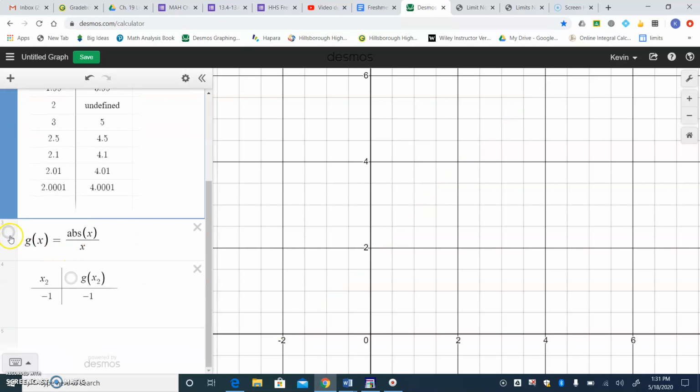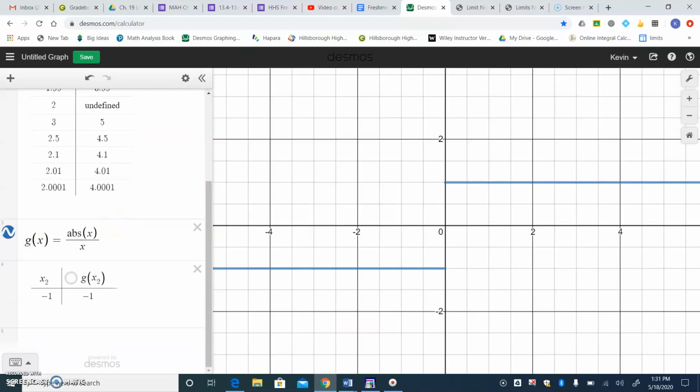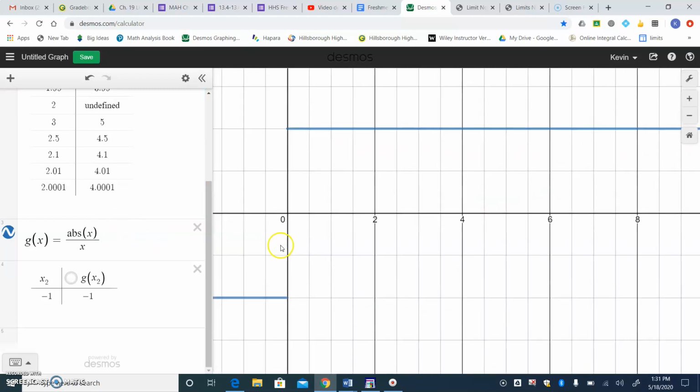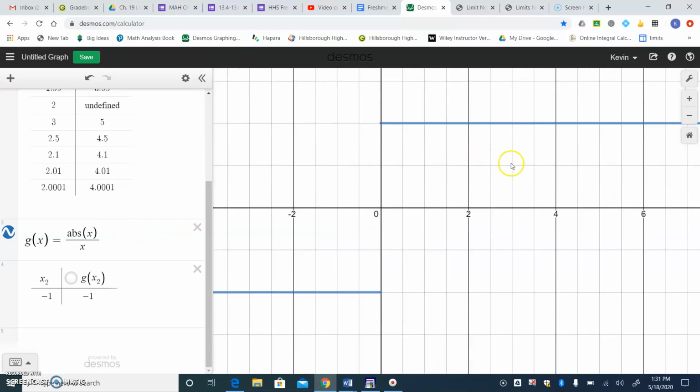So we're going to hide these, and we're going to bring up the graph of the absolute value of x divided by x. So what we see here is obviously two very different things are happening on the positive values and the negative values, right? So let's put some numbers in just like we did before.